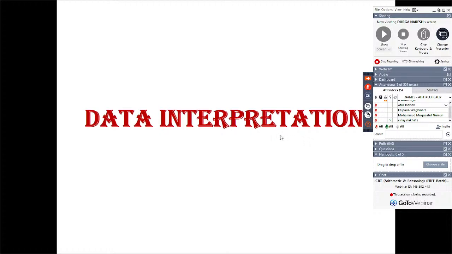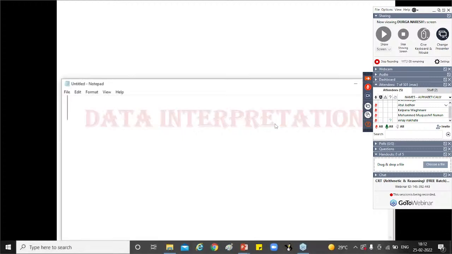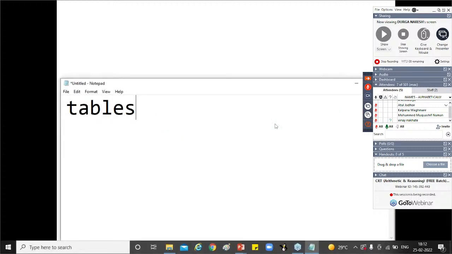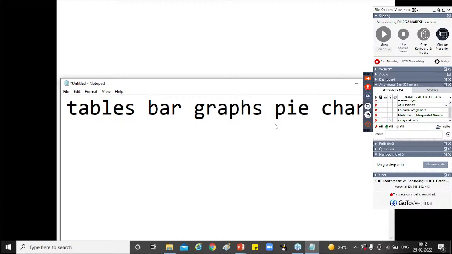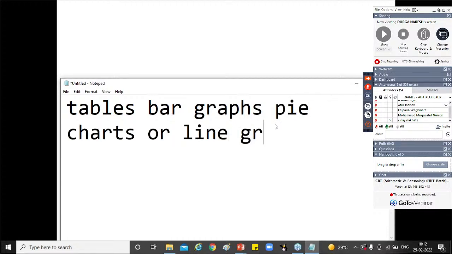In data interpretation, they give a data that can be represented in the form of tables, bar graphs, pie charts, or line graphs, or histograms, or in any one of the diagrams. So whenever they give a diagram, that may be a table or bar graph, they give 4 to 5 questions.